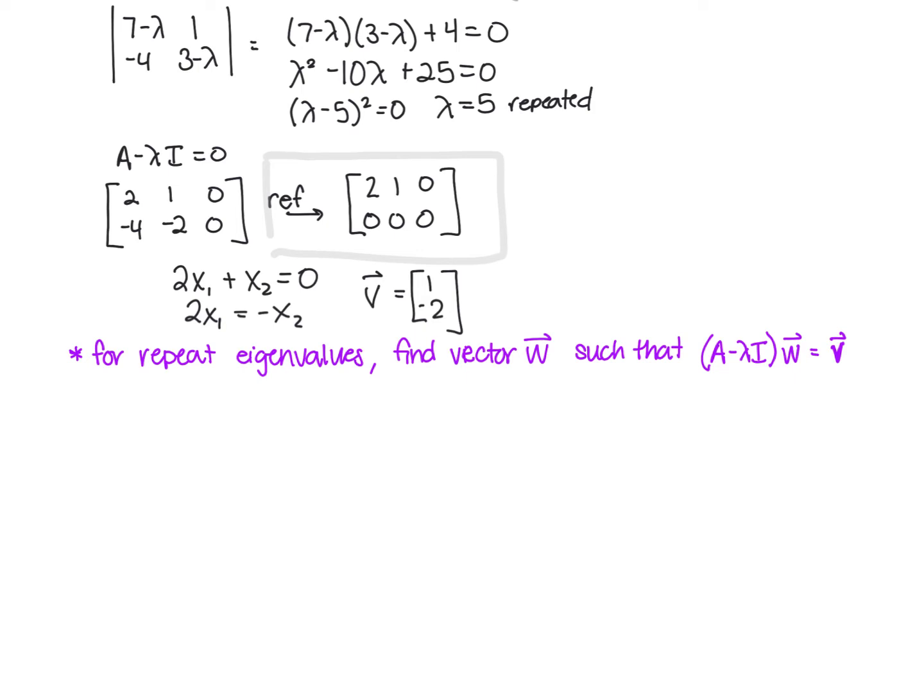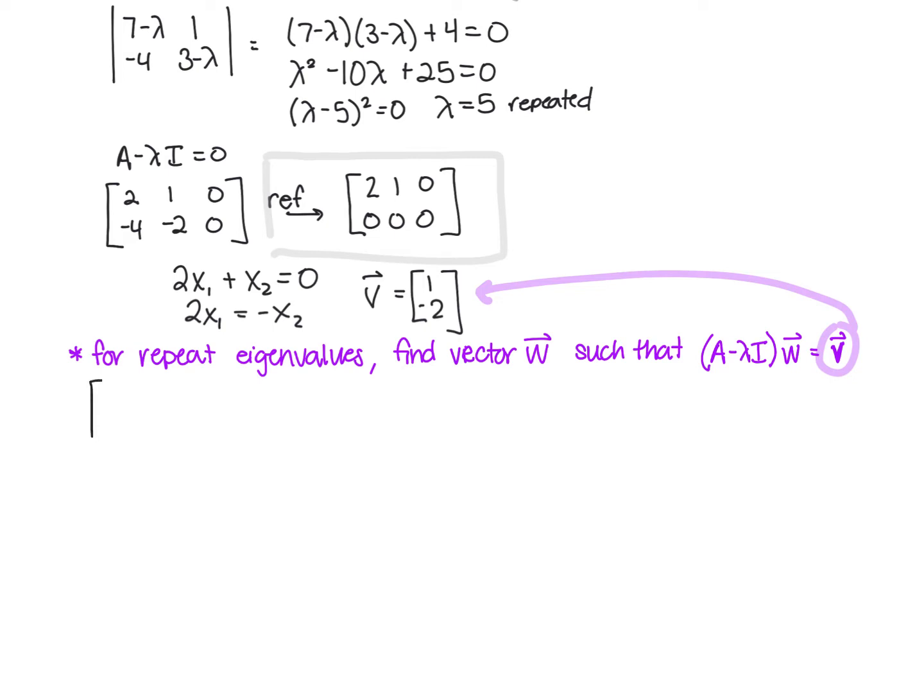So this vector v is the first vector we found. Our goal is to now find an additional vector such that the original problem times this new vector equals what we had. Let me show you what that looks like in equation form and then talk about how we would solve this.